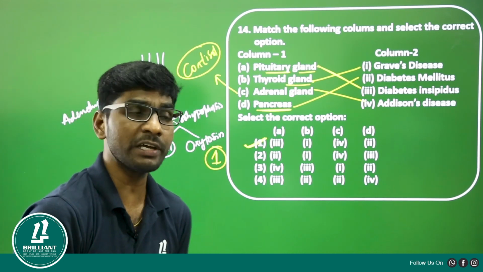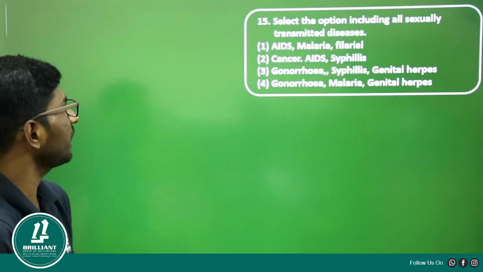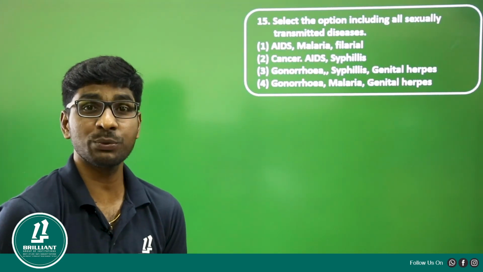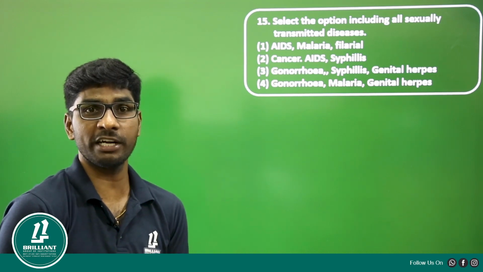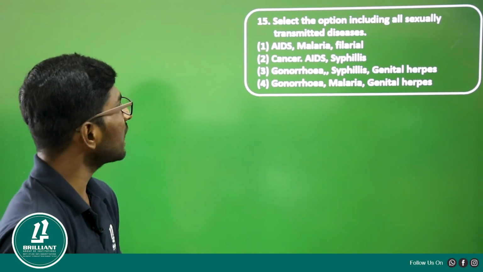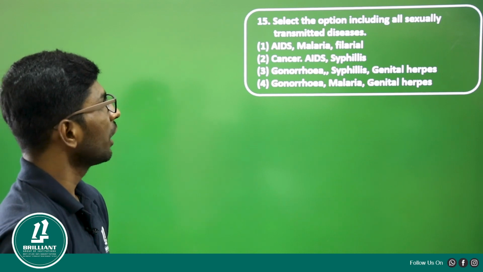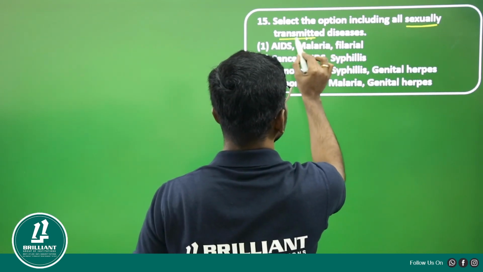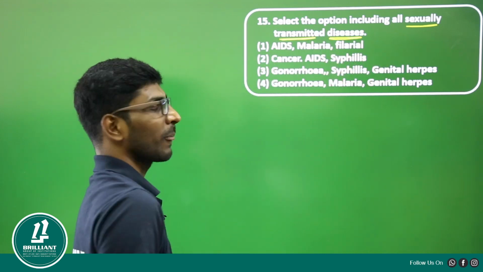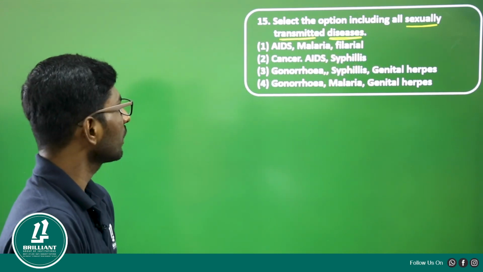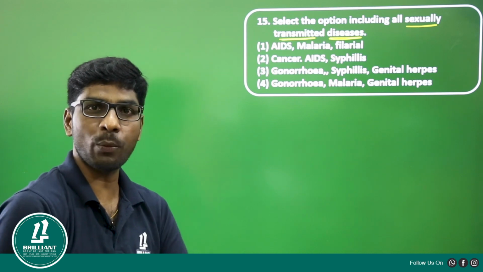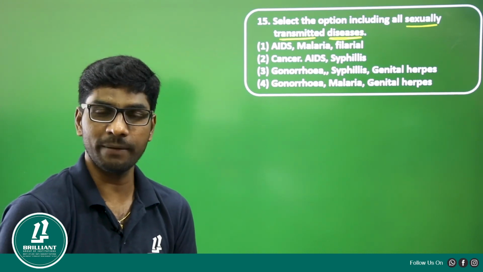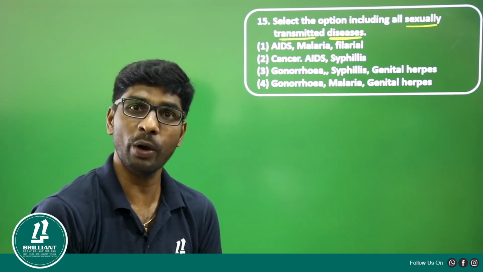Look at the question number 15. Very easy question. We need to identify the sexually transmitted disease from the following. Select the option including all sexually transmitted diseases. Option number 1. AIDS, acquired immunodeficiency syndrome. Yes, it is one of the STDs caused by the HIV virus.